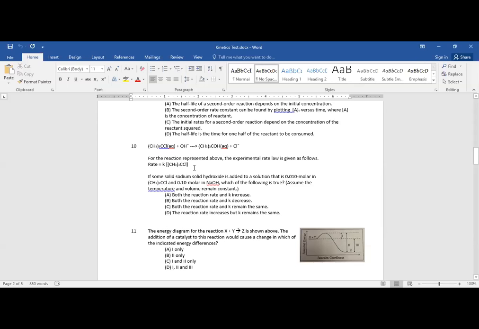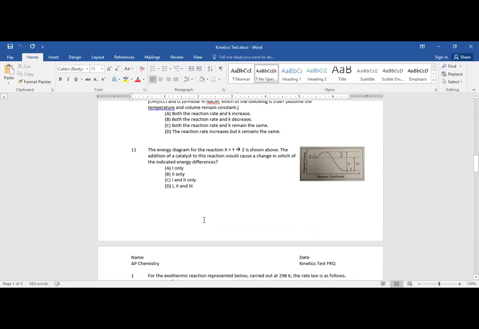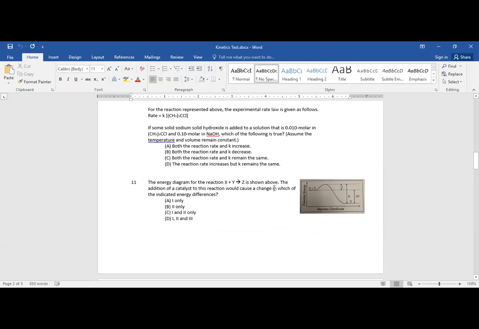So even though you add more concentration, since it's not in the rate law, you don't change the rate. And then for 11, if you add a catalyst, what would change? I would change because the activation energy would decrease. And if I changes, so does II. But the Roman numeral 3 does not change, so the answer is C.